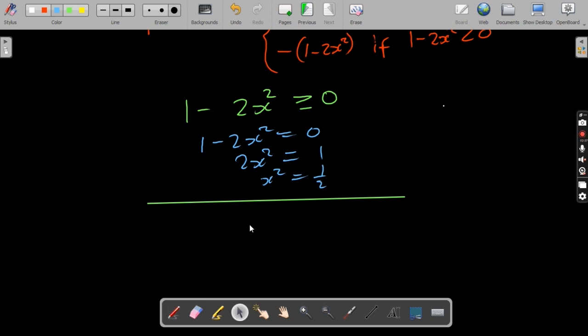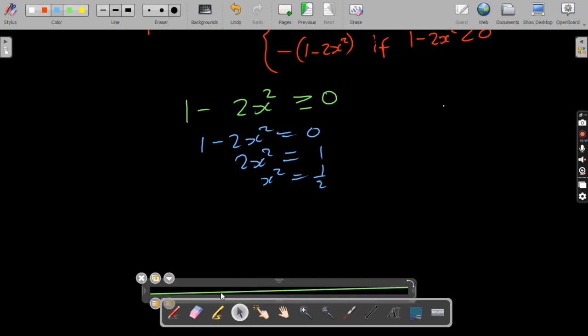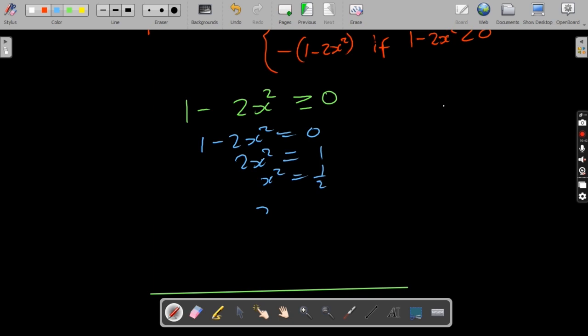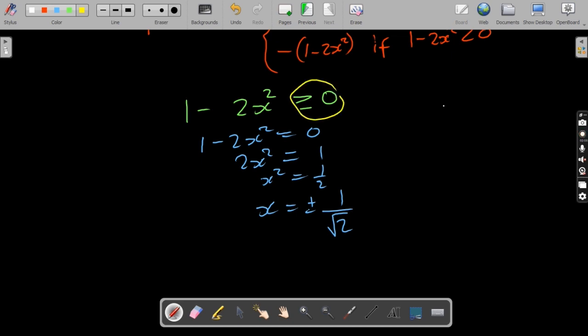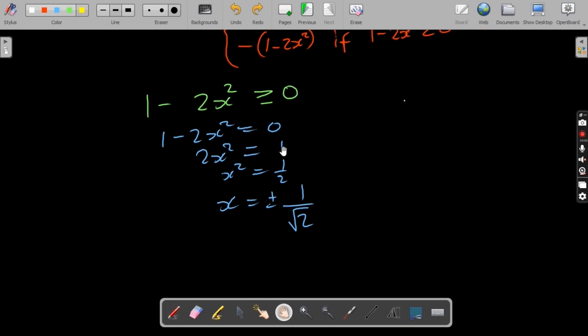Now your roots or your critical values would be plus or minus, so x would be plus or minus 1 over square root of 2. These give you 0, but this is not what we're looking for. We're looking for the regions where we have this expression as a positive result. So if you substitute a number into this expression, we expect to get a positive answer.